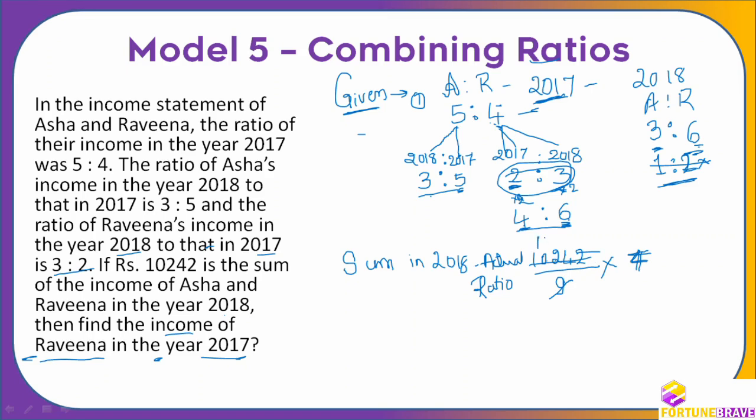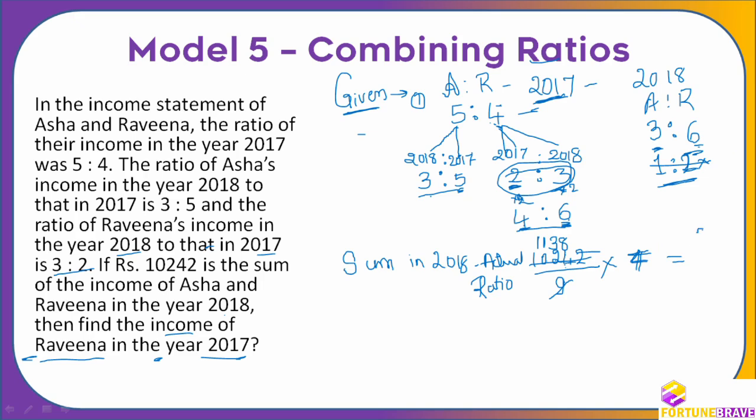9 ones are 9. Then 12 remains. 9 ones are 9. So 34 remains. 9 threes are 27. So 7, 72. 9 8s are 72. So one ratio value is 1138. Into 4 I will get it directly.